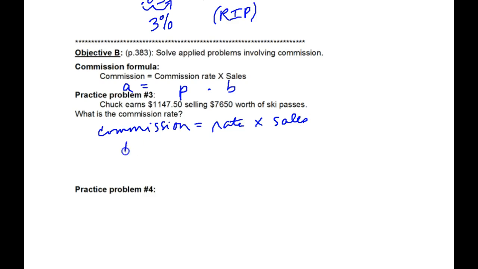So he earned $1,147.50. The rate, I'll call it R, times $7,650 worth of sales. In order to find the rate, just like we did on the other problem before, we're going to divide both sides by the number that's multiplied onto it.